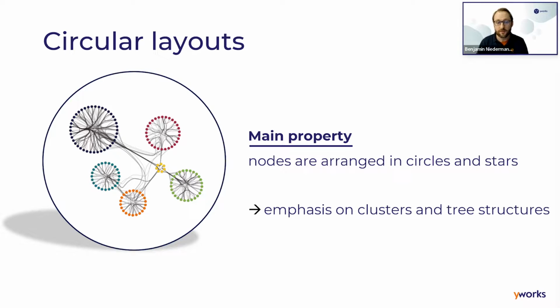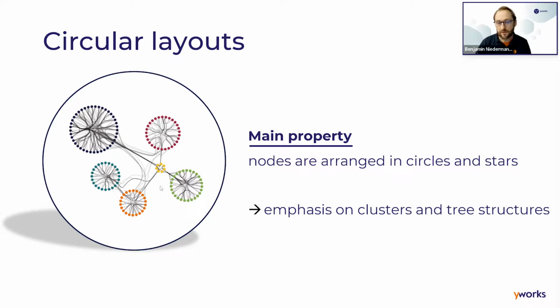So basically what you get is an emphasis on clusters and tree structures expressed by these circles, which are then connected by this backbone. And in order to reduce the clutter of the edges, when you have a lot of edges, for example, you can also use techniques like edge bundling, a visualization technique that helps you reduce this clutter of information.